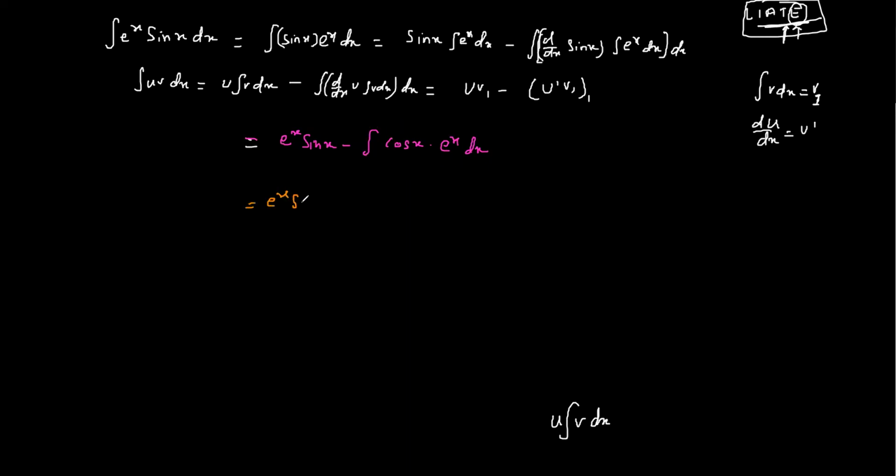So I write in brackets this is u and this is v. So again put e^x dx minus derivative of cos x.